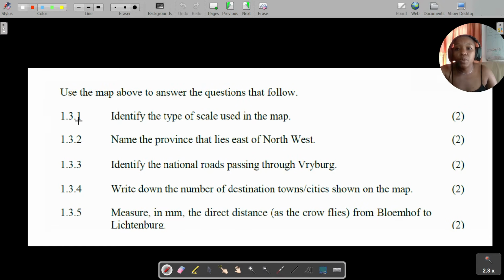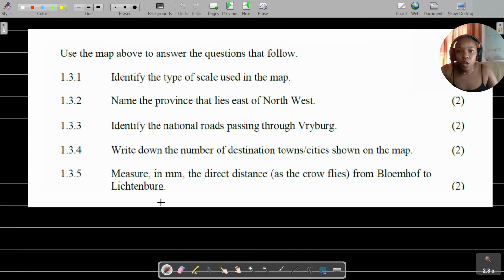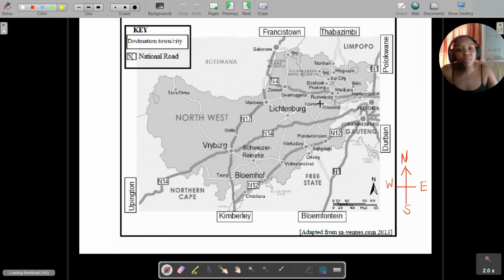Okay, question 1.3.1 says identify the type of scale that is used in the map. So what type of a scale is used in this map? Okay. So even if you say a line scale or a linear scale or a bar scale, that will be marked correctly. But it does look like this is a line scale. But some learners might think that, okay, but it looks like bars.